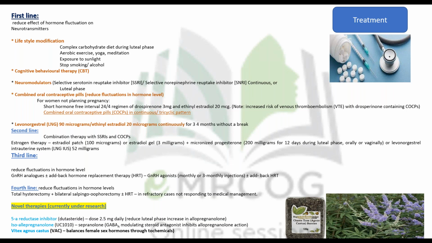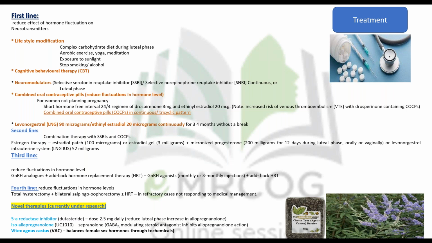Okay, so my friends, we have the common treatment, which is, as we said, the first line of treatment, the SNRI or the SSRI, either luteal phase, meaning to be used only in the second half of the cycle, or continuous. This is according to the preferences of the woman. So what can I use for a woman not planning pregnancy?